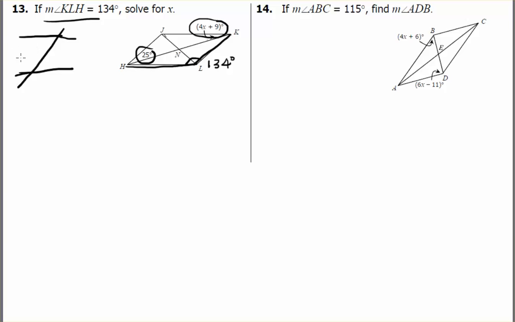But using this way, I can see that this one right here would be 4x plus 9 because it's to the left of that transversal. And then I can also see that this one right here is 25.